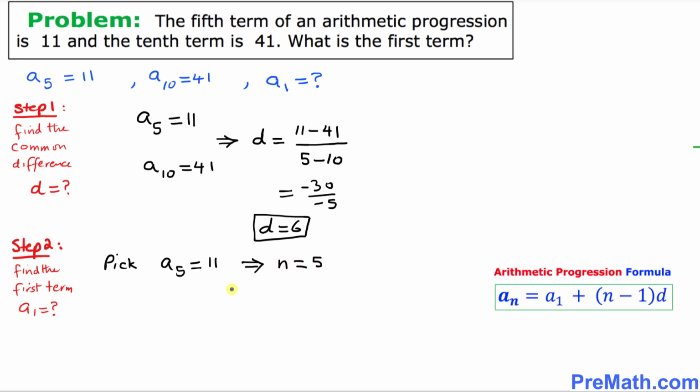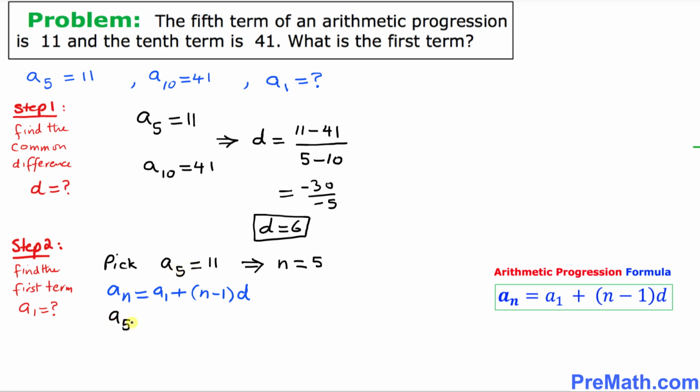And now we are going to use this arithmetic progression formula. Let me write it down over here. a of n equal to a of 1 plus n minus 1 times d. And here we are going to write down over here a of n, in our case is a of 5.